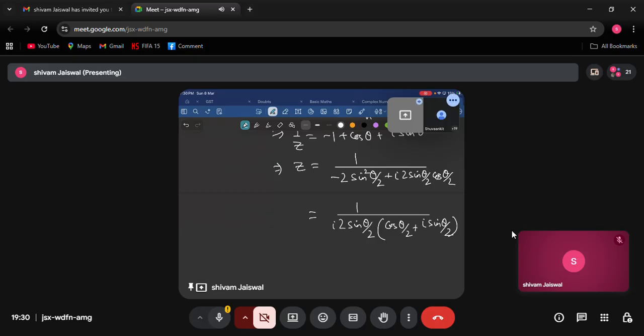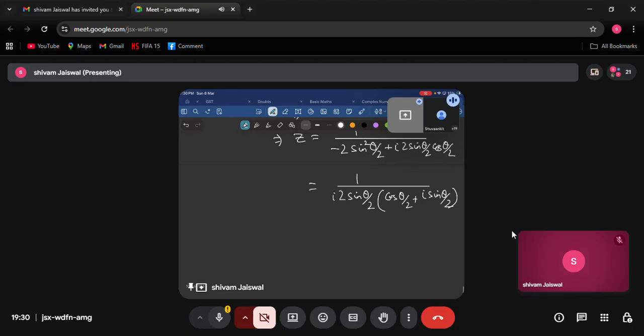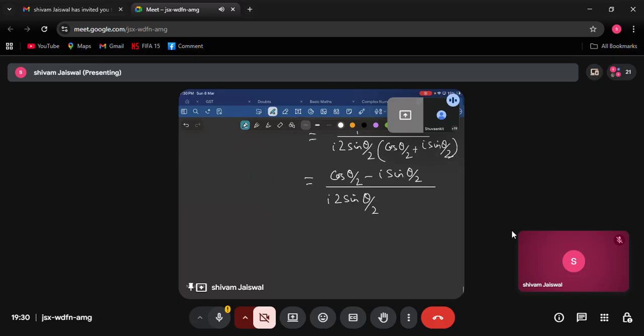Tell me. Okay, next, let us rationalize. You are getting cos theta by 2 minus iota sin theta by 2 divided by iota into 2 sin theta by 2, and this will become 1. Further, what can we get?